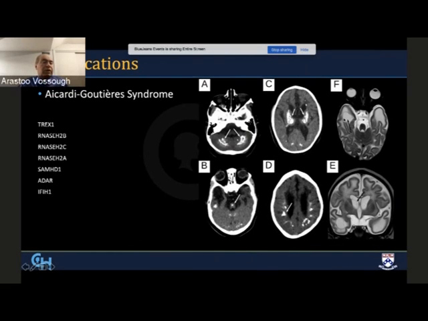Now, there's much more to Aicardi-Goutières than just calcification and temporal lobe cysts. There's certainly many atypical forms, and depending on how early the patient presents and the stage of the disease, it could be a very difficult diagnosis, but certainly calcifications can be a helpful clue, just not always present.